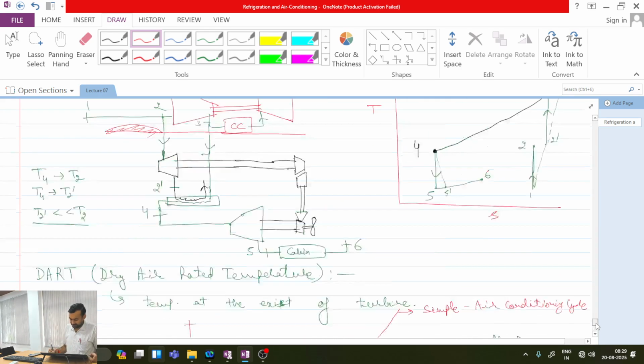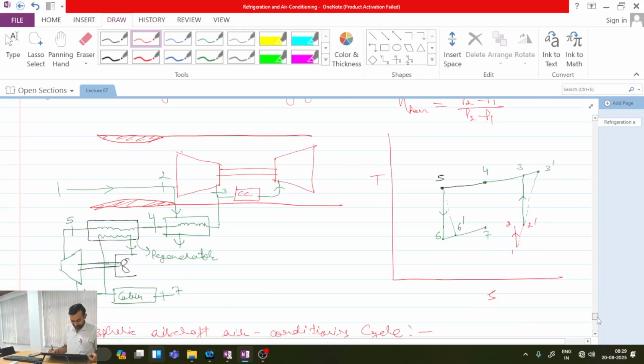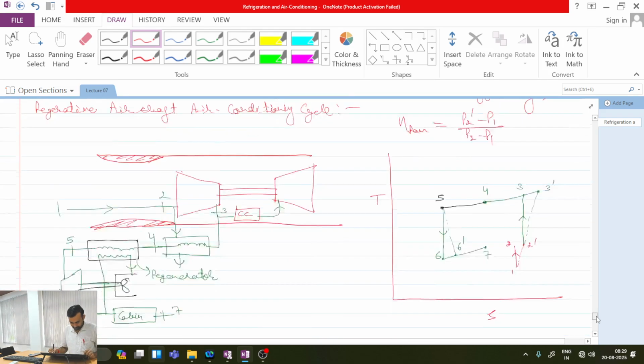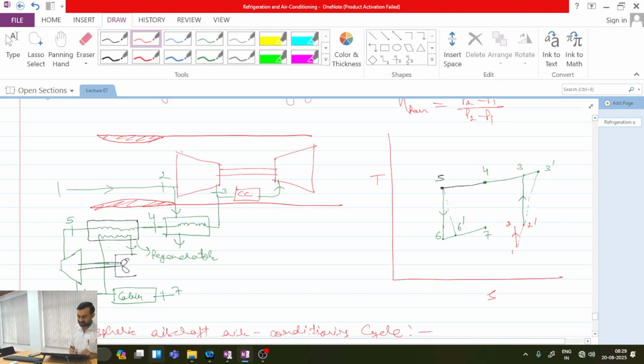However, in case of simple regeneration cycle, what we did? We use the additional heat exchanger, and in this heat exchanger we have taken some fraction of air from the exit of turbine. So instead of taking this fraction from exit of turbine, what I will do, I will not use this air, but here I will use some another type of low temperature organic fluid which has boiling point very less.